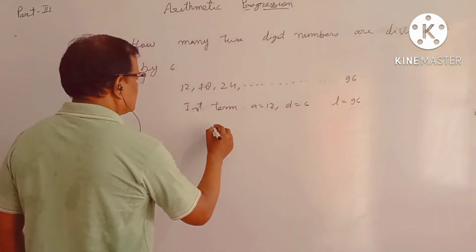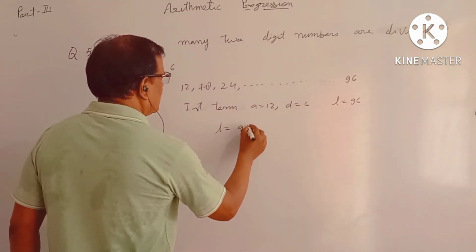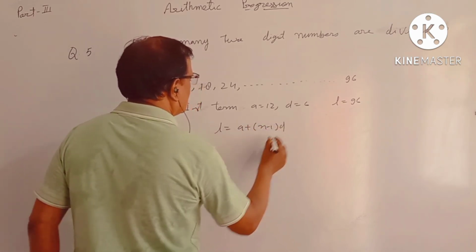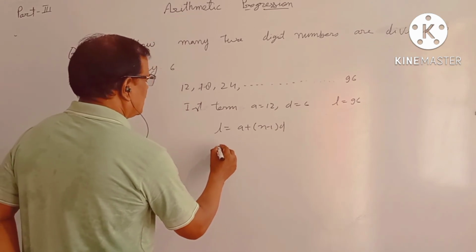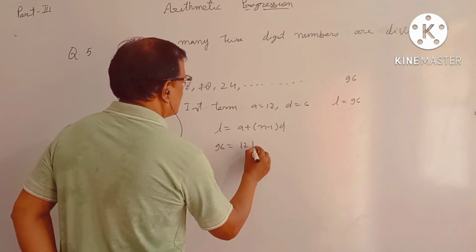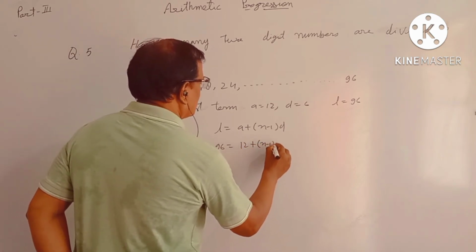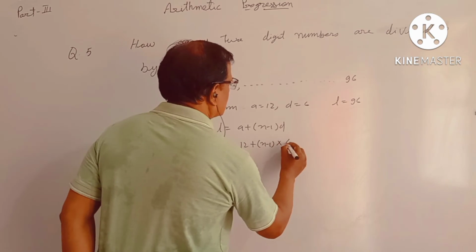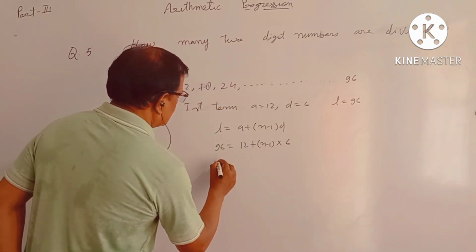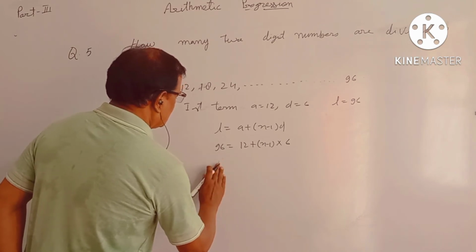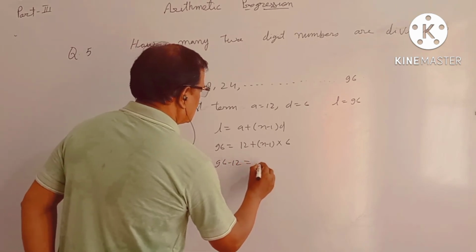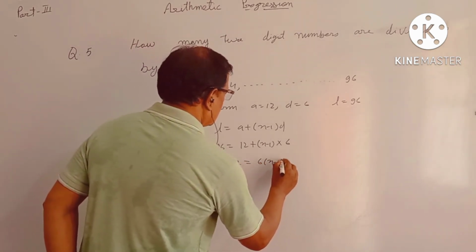As we know, L equals A plus (N minus 1) into D. So L is 96, A is 12, N I don't know, and D is 6. Then 96 minus 12 is 6 into (n minus 1).